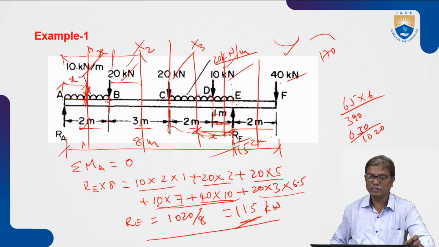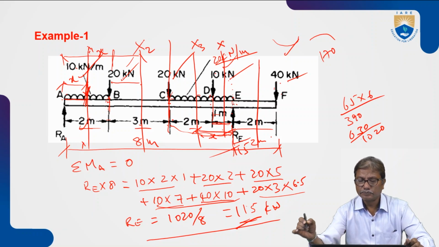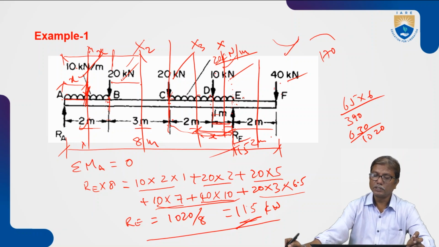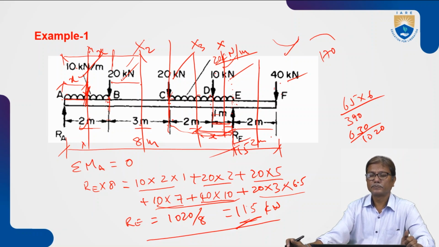Next, fourth section. We have to consider the fourth section between D and E. Between D and E, origin is again from E only. Okay. So what will be the limits for x?